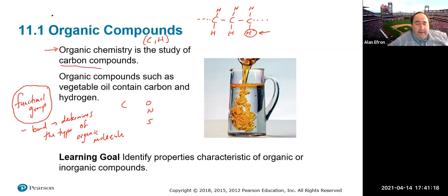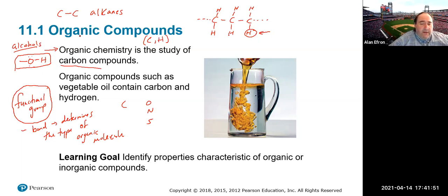For example, the basic carbon-carbon single bond is a group of compounds, as we'll see in this chapter, known as alkanes. While if you have an oxygen-hydrogen bond involved, that's a group of organic compounds known as alcohols. There are some slight differences as to how we get these, and we'll talk about how we name them as well, but it's the part of the molecule that represents what type of organic compound you're talking about.